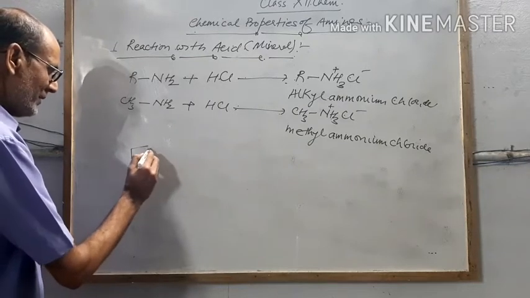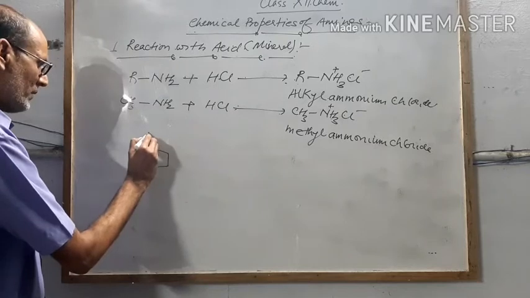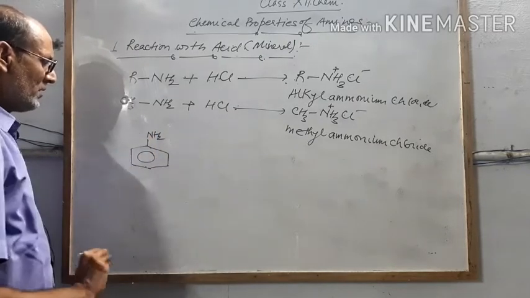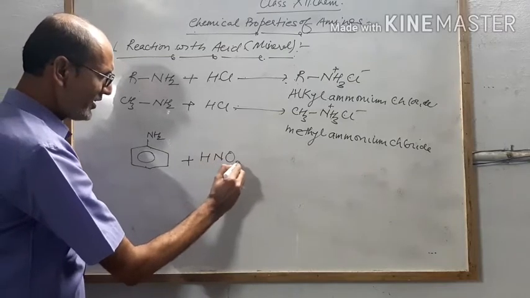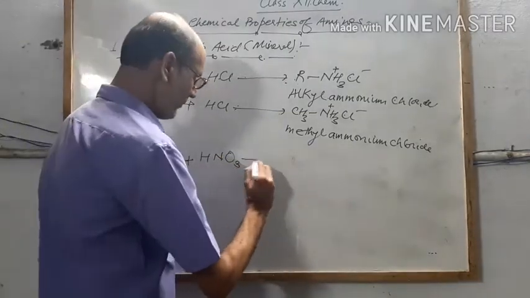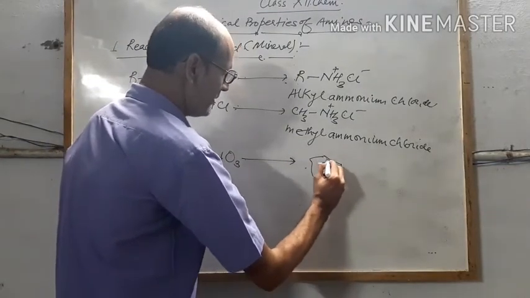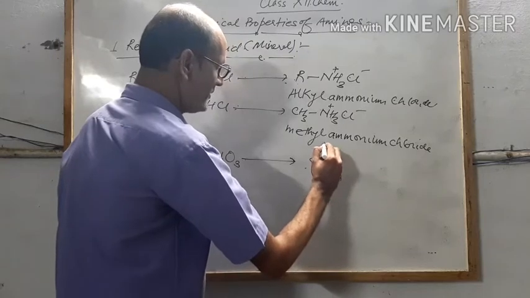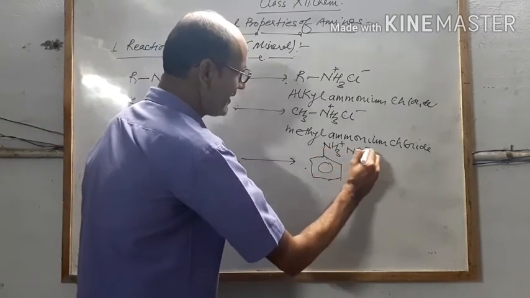I am writing one more example. This is aniline, an aromatic amine. When it reacts with nitric acid, HNO3, it will form ring NH3 positive, NO3 negative.